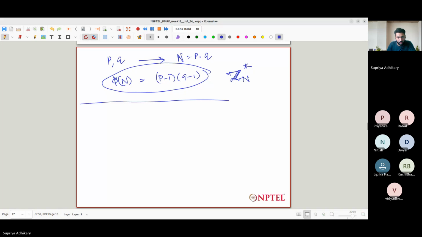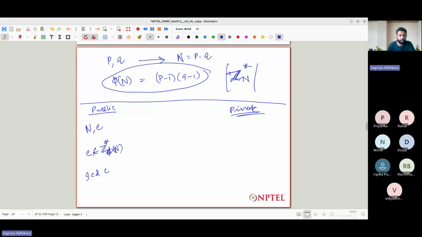So what was the public key and what was the private key? The public key was basically this n and some e, where this e was some element from, oh sorry, not Zn star, but this should be Z phi of n. This is the order of Zn star.